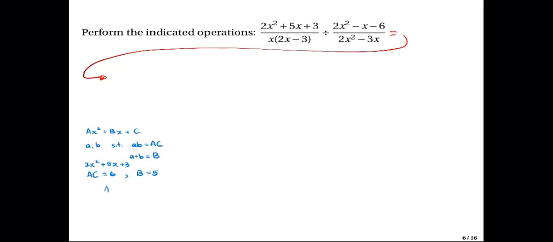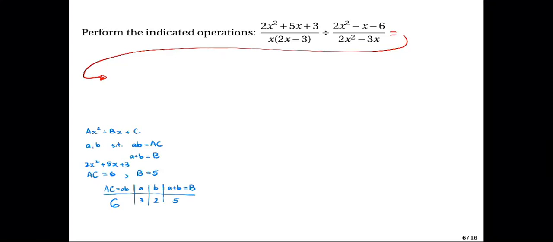So we need A and B such that the product AB is equal to 6, and A plus B is capital B. Then we think of factors A and B so that the product AB is equal to 6. Let's use 3 and 2. And we check that 3 plus 2 is equal to 5, which is what we desired.